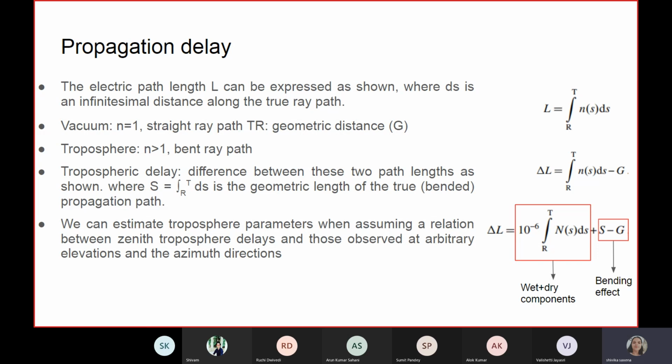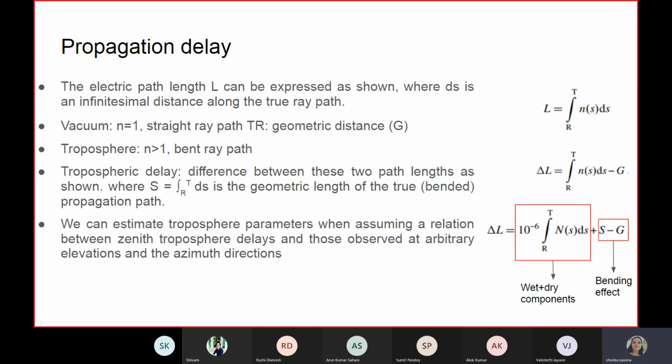So naturally this path is a little bit longer than the actual distance between satellite and receiver. So what is the actual distance from satellite to receiver? Capital G. Okay. What is the true ray path? Capital L. Okay. I hope this is clear. The longer path, which is refracted and everything, is being taken care of.